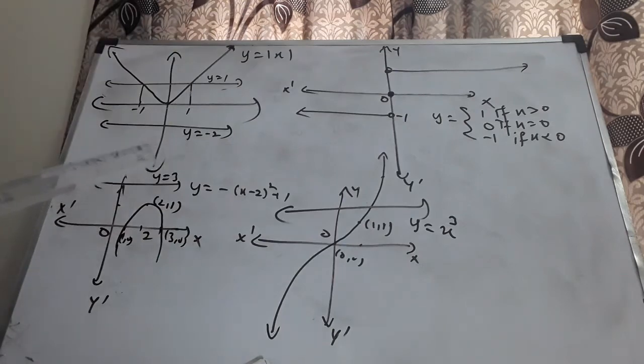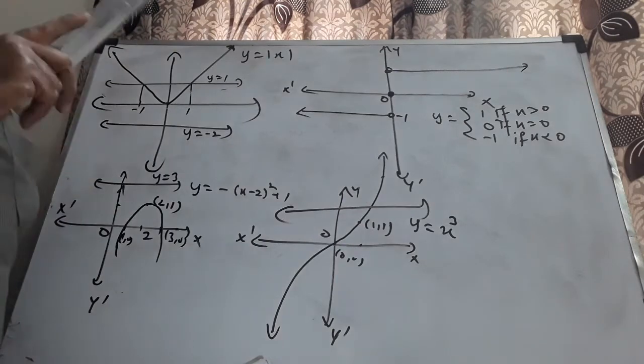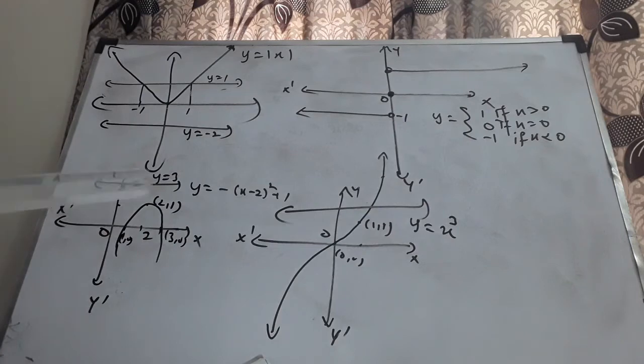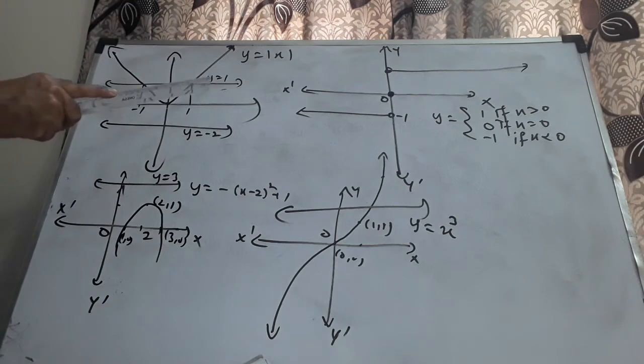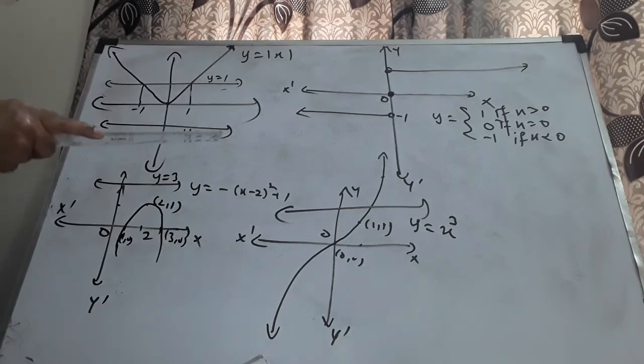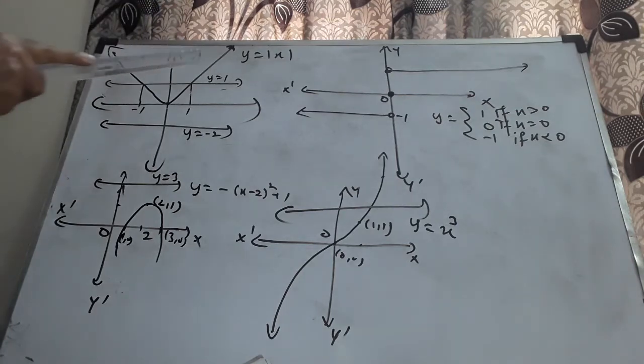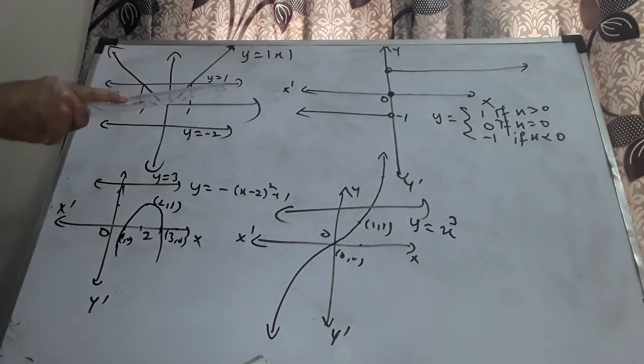This particular thing is known as the horizontal line test. After drawing the curve for the corresponding equation, the equation of the function, if a horizontal line intersects the given curve at more than one point, it will not be one to one.